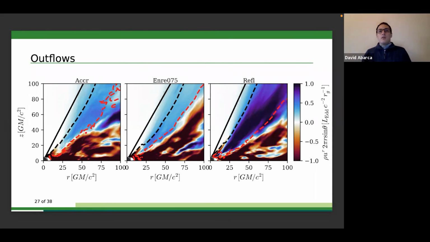Well, the gas is falling onto the central body in everything but the fully reflective case. And I am not even saying that the fully reflective simulation is supposed to be a proper physical model for what's going on.